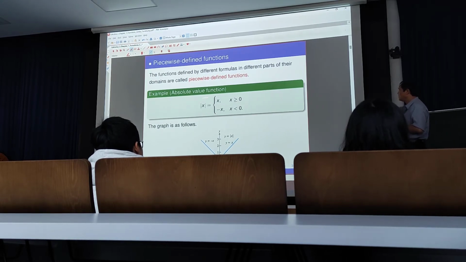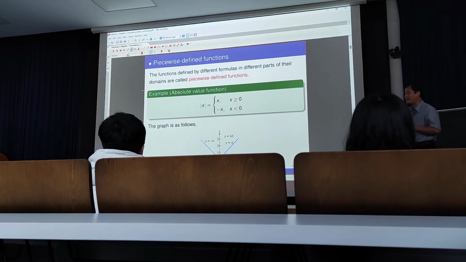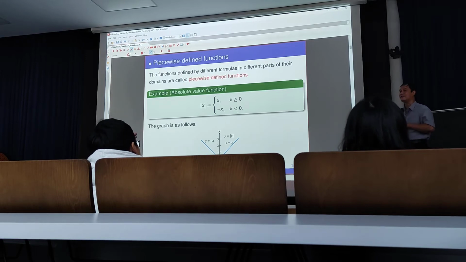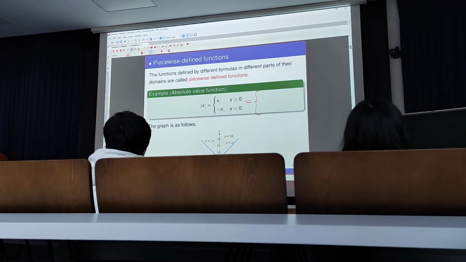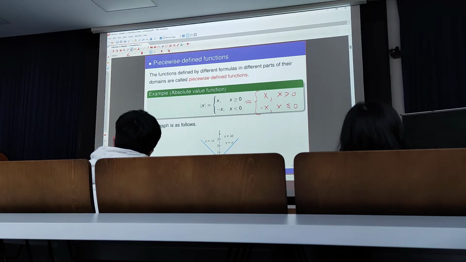This function is defined everywhere on the real line, and you divide it into two parts, non-negative and negative, right? Two parts, you have x or negative of x. This is the same if you put x only for positive, and you put 0 for the other part, less than or equal to 0.